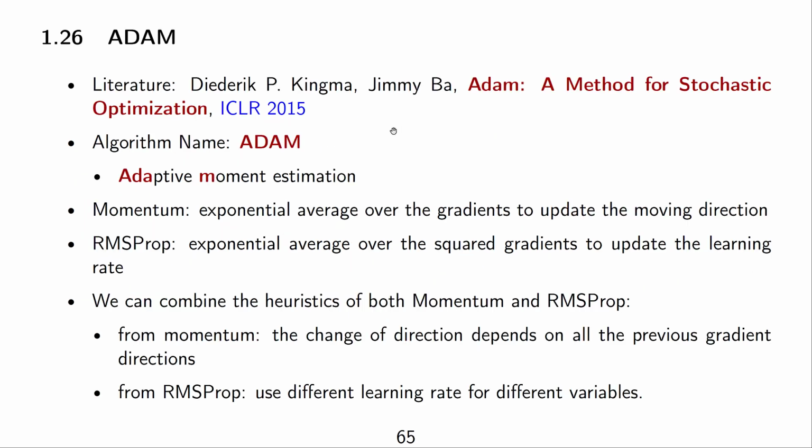Now, ADAM is probably the most popular algorithm in deep learning at the moment. The reason it is so popular, I believe, is because it is easy to set up and easy to configure compared to the other methods.